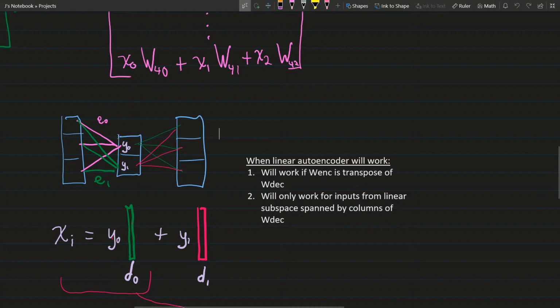That's the thing that would have to happen in training: gradient descent would have to find decoder weights such that every data image is a linear combination of those decoder weights.